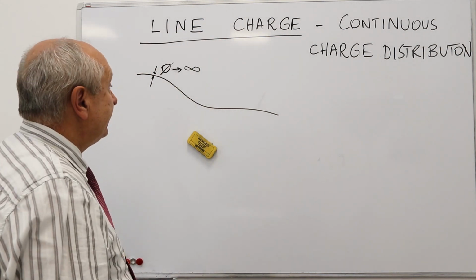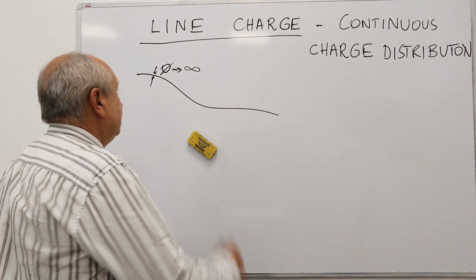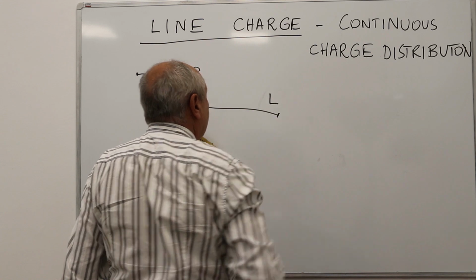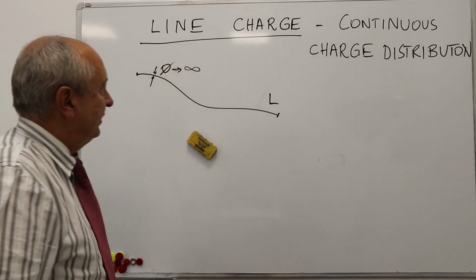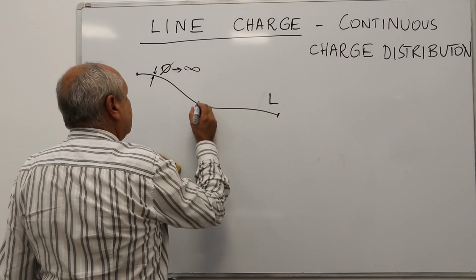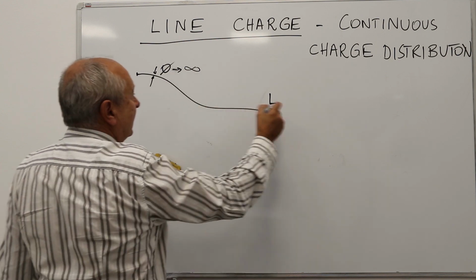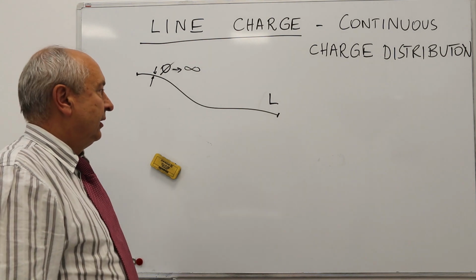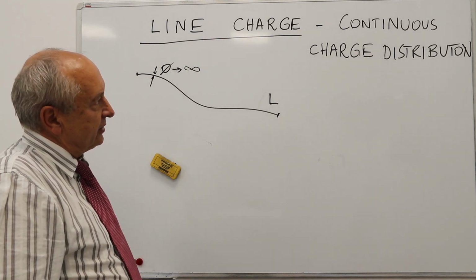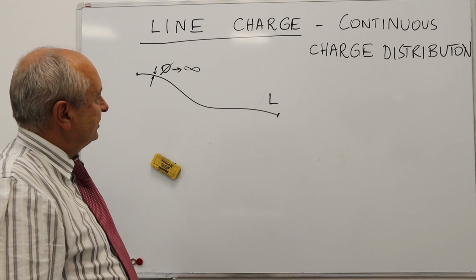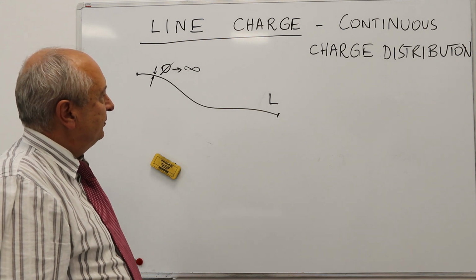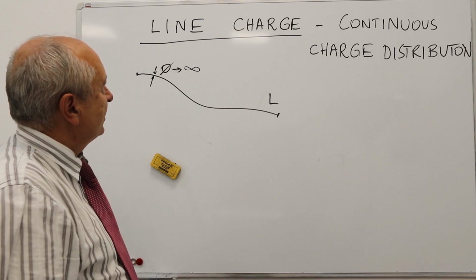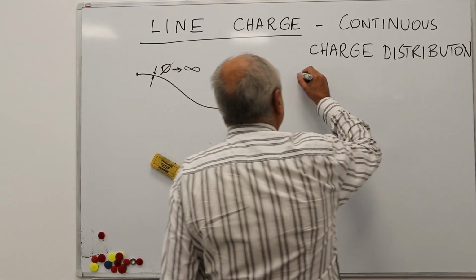The length of the line is L, big L, and now on this line we have the charge. The charge has a continuous distribution, and we have to define line charge density.